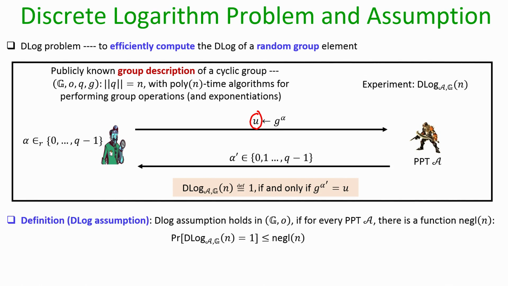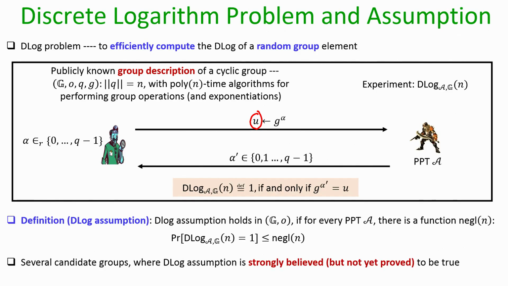And we say that the discrete log assumption holds in the group G comma O if for every polytime adversary participating in this experiment there is some negligible function such that the probability that the adversary wins the experiment, or the output of the experiment is 1, is upper bounded by that negligible function.